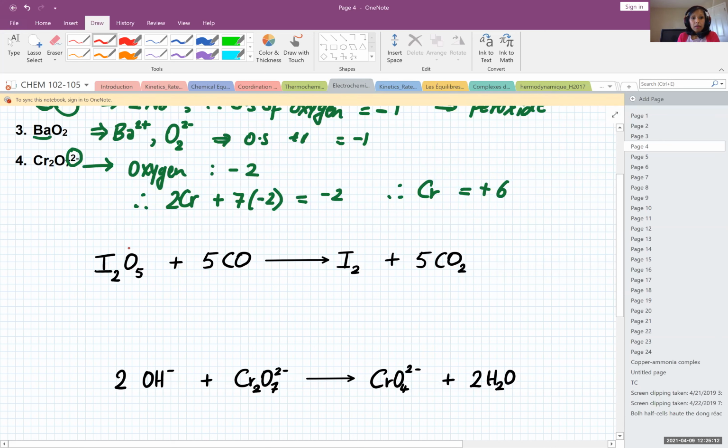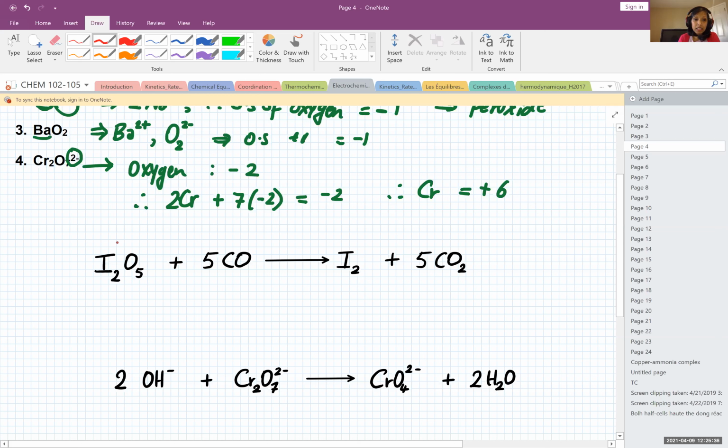So here, given an equation like this, we have all molecular compounds, and you're asked to assign oxidation states to each element and then to tell which one has been oxidized and which one has been reduced, in terms of the change in their oxidation state. So I'll start with this oxide of iodine.